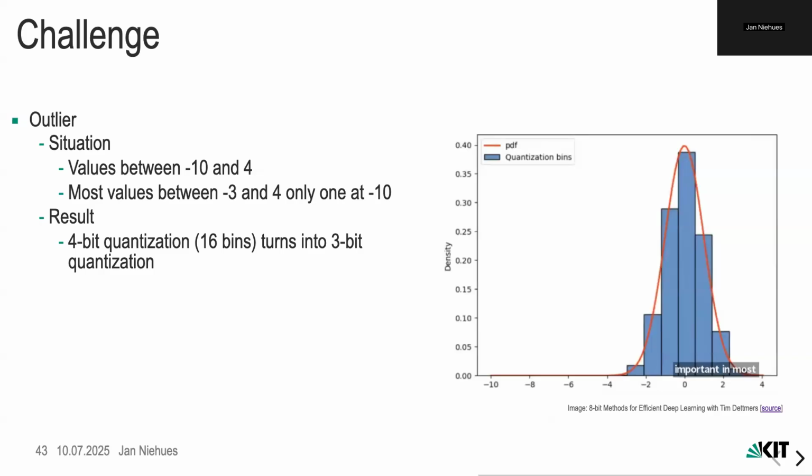K-means would, yes, if we did k-means, we could address this. The challenge is then that we always have to store all the k values and not just one single number. The nice thing about linear quantization is that we only have to store one number and not 2 to the power of n numbers.